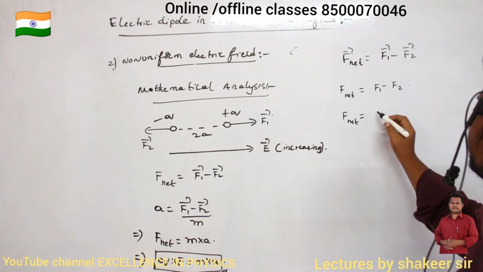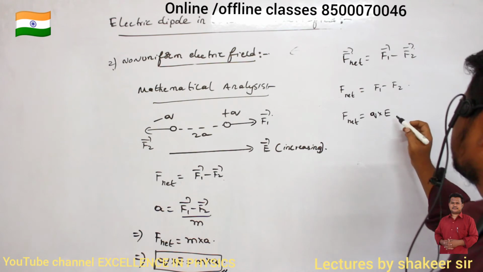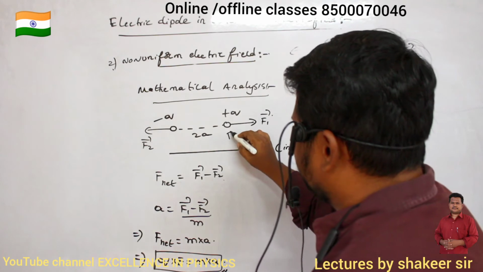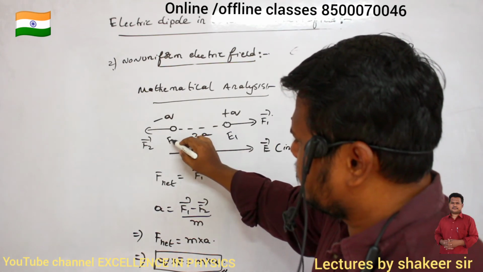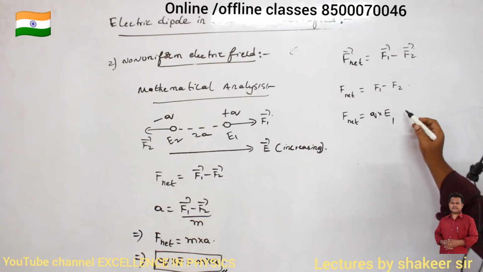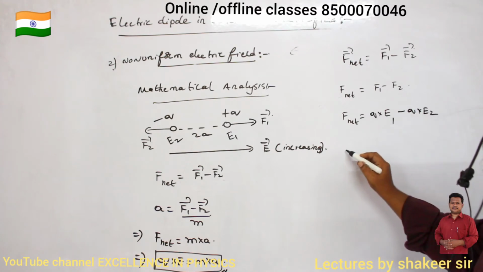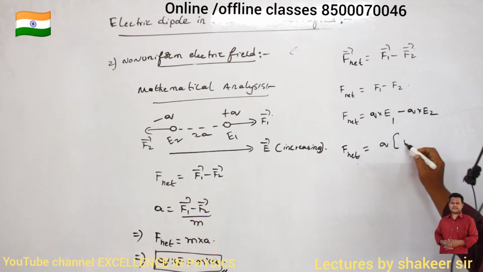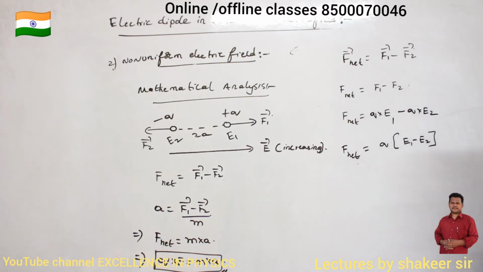Force can be written as Q into E. So F1 is Q into E1, where E1 is the electric field at this position. Similarly here, let the electric field be E2. So Q into E1 minus Q into E2 is the net force. Therefore, Q into (E1 minus E2). I can write like this.